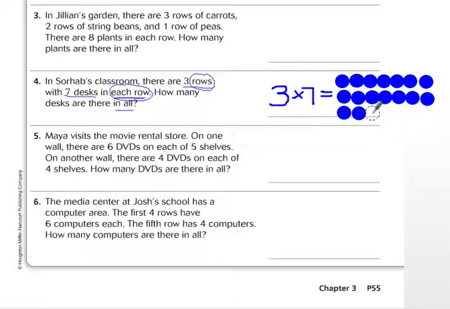And 1, 2, 3, 4, 5, 6, 7. So, how many is that total? 3, 6, 9, 12, 15, 18, 21. So that's going to be 21. So how many desks are there in all? There are 21 desks.